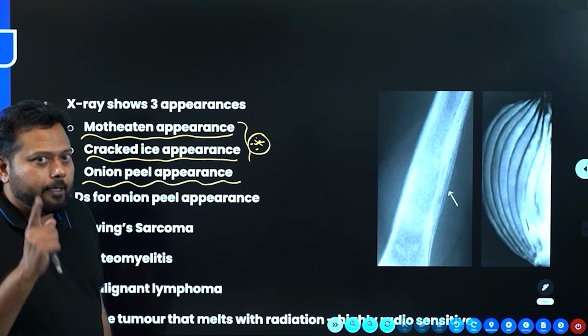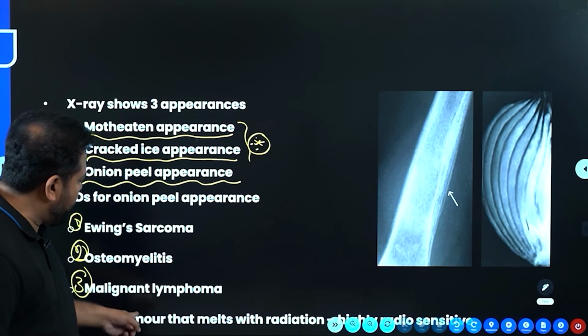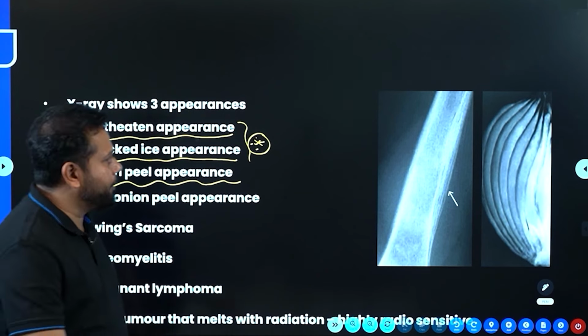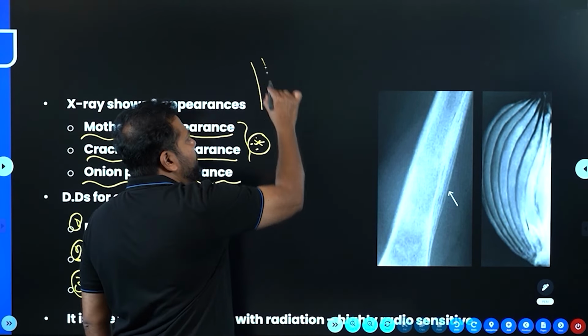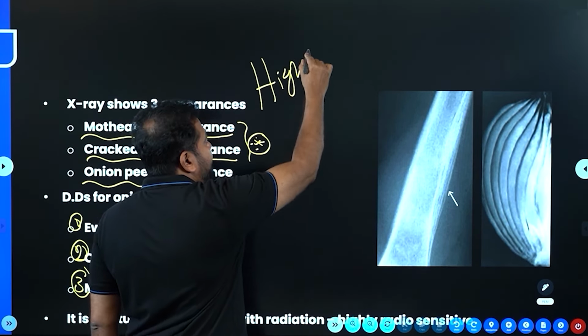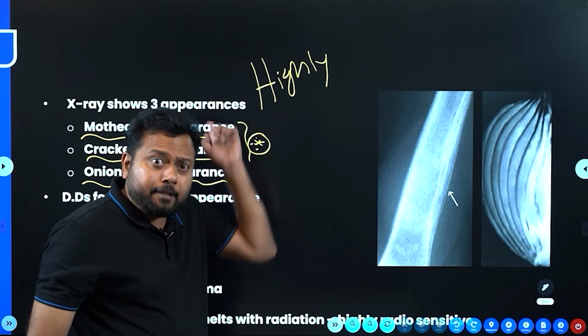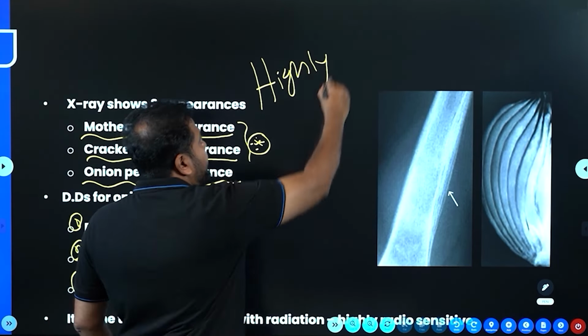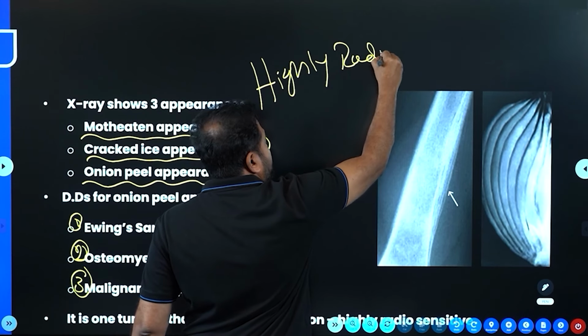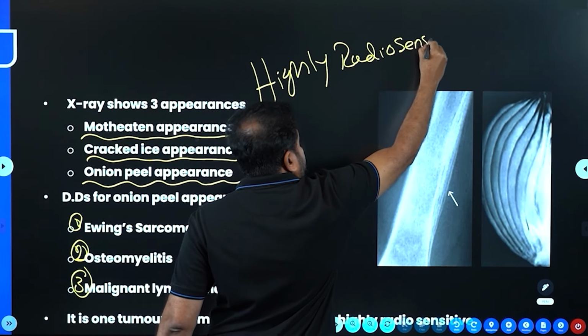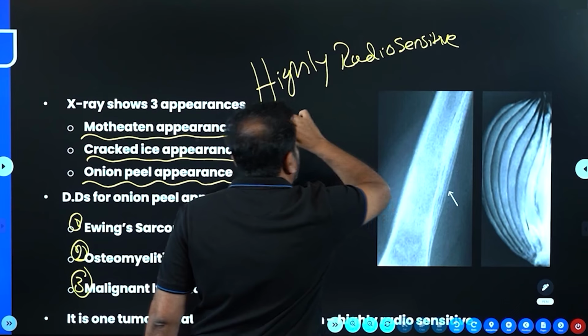Ewing's sarcoma, they will try to fool us because this is one tumor. Ewing's sarcoma is one tumor, highly radiosensitive. So far we have never seen any bone tumor this highly radiosensitive. Highly radiosensitive.